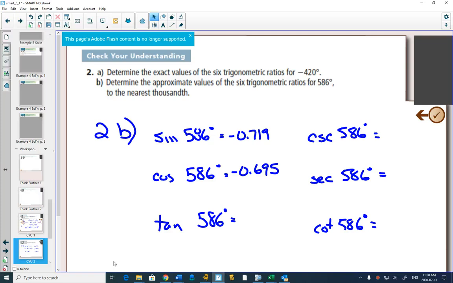Quadrant 3, because both sine and cos are negative. So you could use a CAST rule to see that it's in quadrant 3. You could also figure it out by subtracting 360 degrees to find out what it's coterminal with. But just seeing both of those as negative tells us it's in quadrant 3.